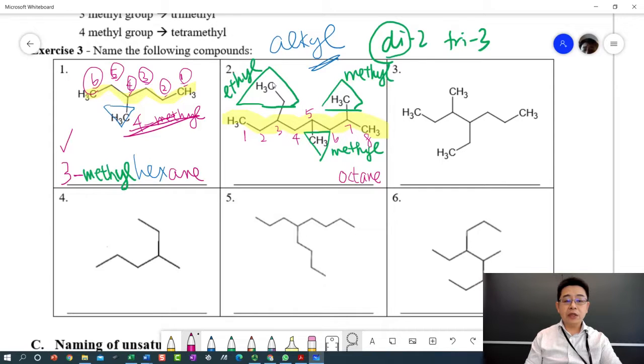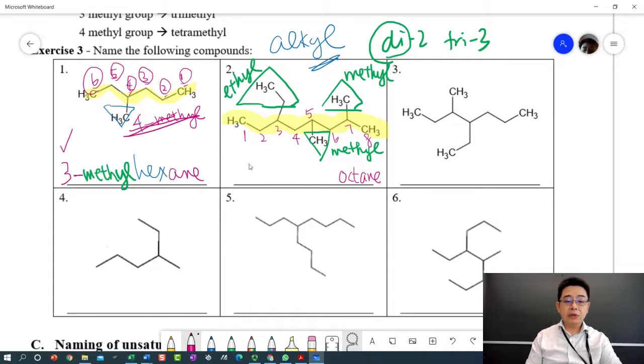Okay, then finish the parent chain and the suffix, then work out the substituent. We have 2 kinds, so how to put them in order. The hidden agenda is the alphabetical order. So ethyl, methyl, ethyl first. Even if you have put the prefix in front, like di, we still look at the name of the alkyl group, alphabetical order.